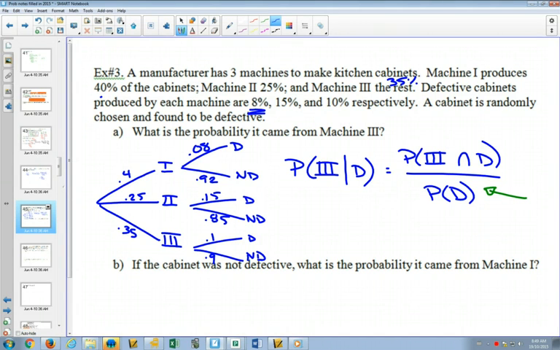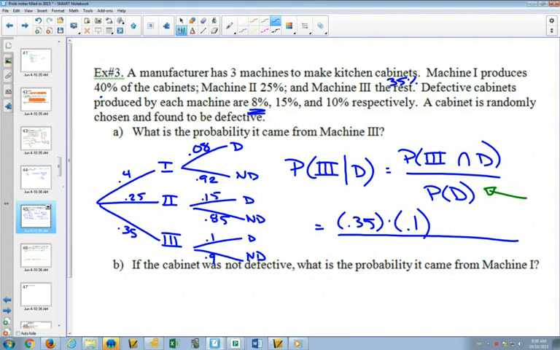So probability of machine 3 given defective, well, machine 3 and defective, that would be 0.35 times 0.1. That's your chances of it coming from machine 3 and being defective. Now the probability of it being defective, can you see that defective could come out of all three branches? So you're going to have three different cases that you're going to add up.